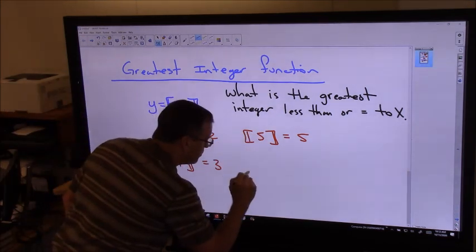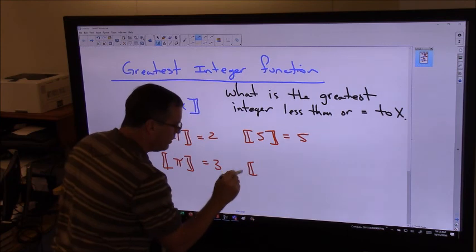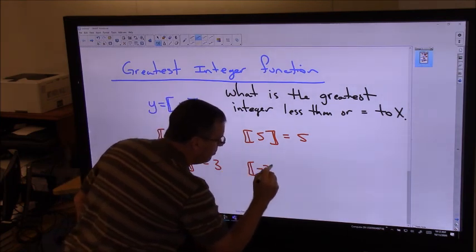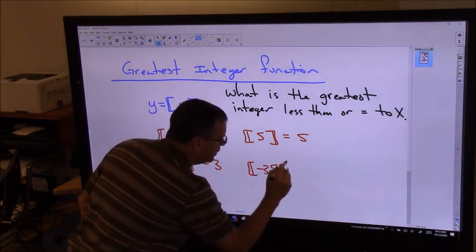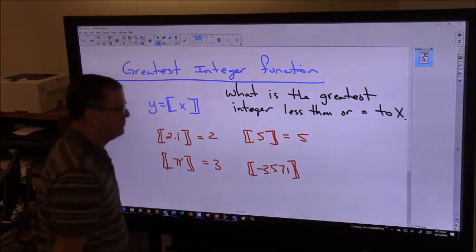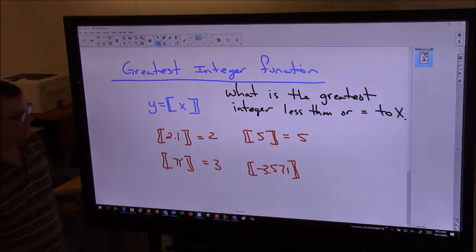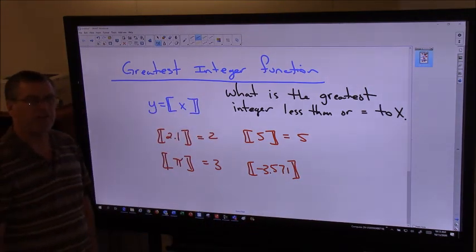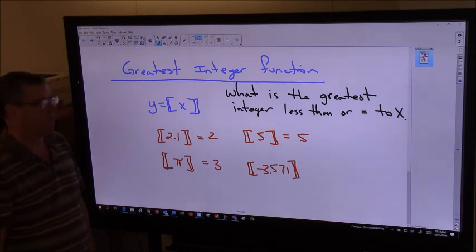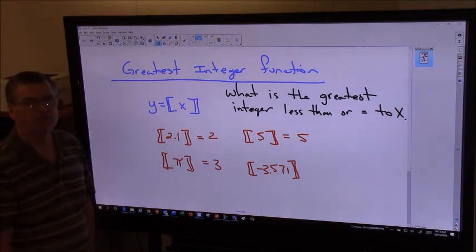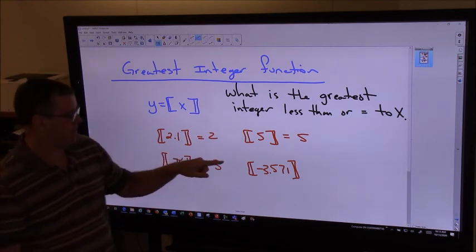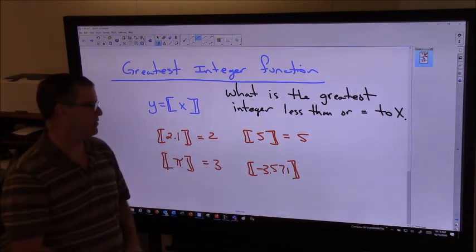What about this? The greatest integer of -3.571. I usually get people here, because a lot of us would go, negative 3. But is negative 3 less than that number?